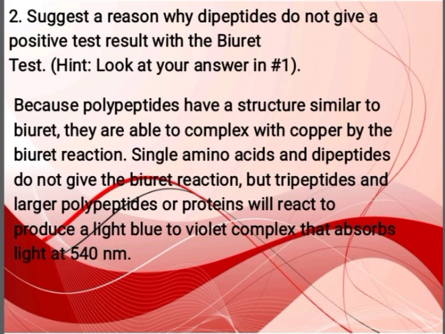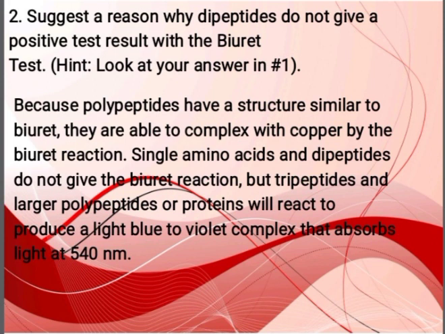For question number 2: suggest a reason why dipeptides do not give a positive test result with the biuret test. Look at your answer in number 1. For me, because polypeptides have a structure similar to biuret, they are able to complex with copper in the biuret reaction.